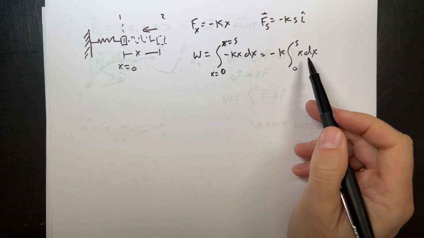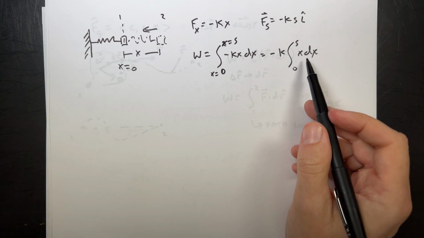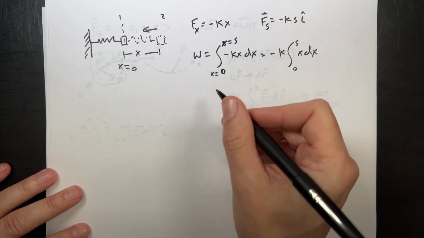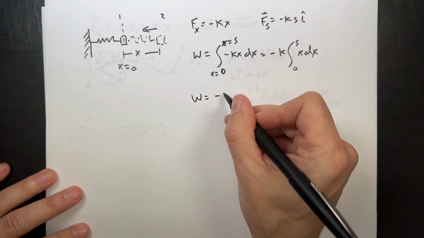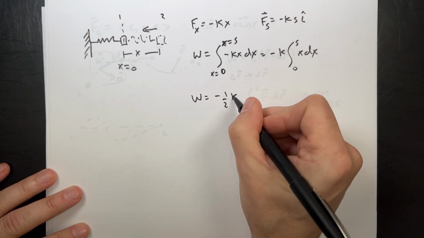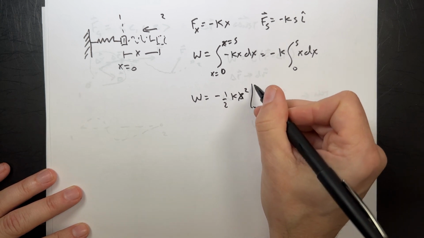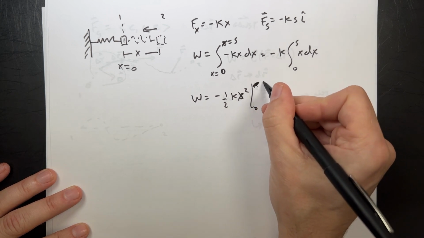I can integrate that. It's the antiderivative. So what would I take the derivative of and get x? And the answer is x squared over 2. So I get work equals negative 1/2 k, x squared from 0 to s.